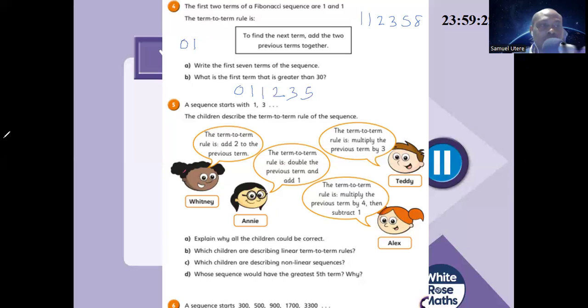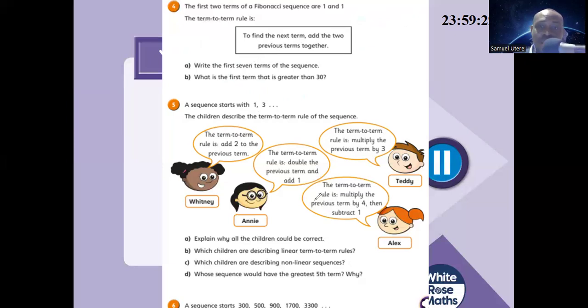Okay, let's move on. For question 2, there are quite a lot of statements here, trying to describe a sequence that is just 1, 3. Remember, there was a lesson where we established that you can describe a sequence properly if you have 3 terms.